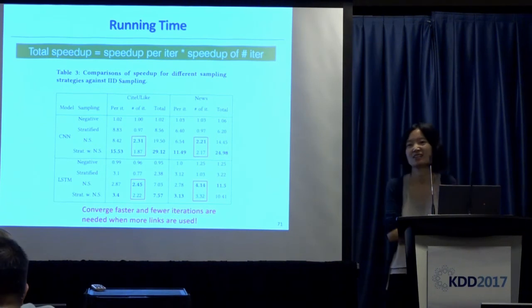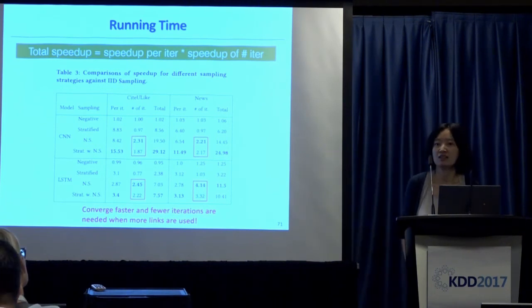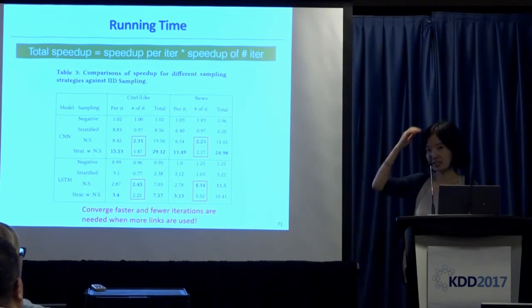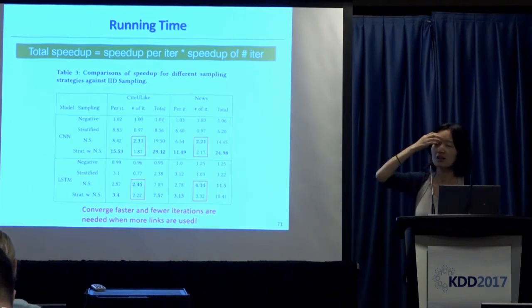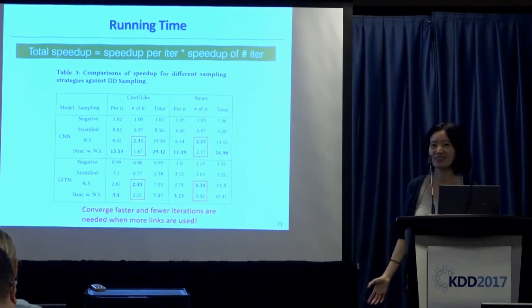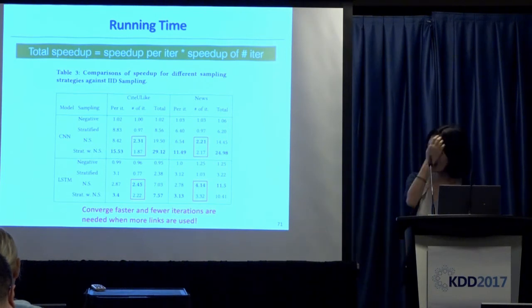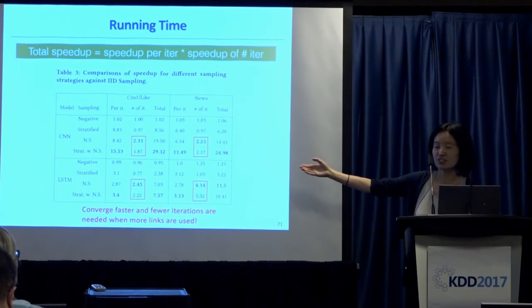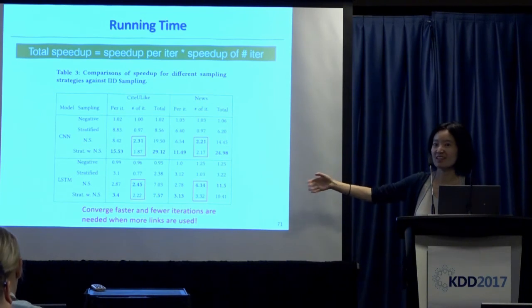You're generating new negative data points, right? Your new sampling creates new negative samples, the negative sharing, you're saying? We're not generating new data points. If you look at the number of iterations for negative sharing, we need fewer iterations. So we only need to touch fewer data points.